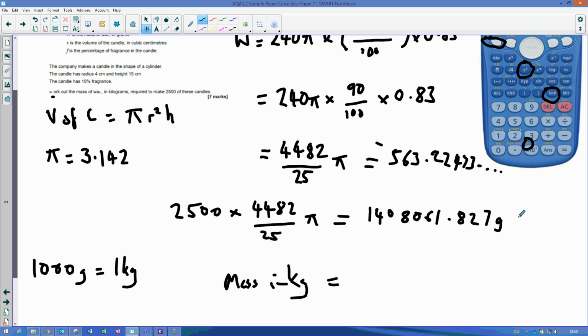I can do that by pressing divide 1,000 on my calculator, but I barely need to because it's moving the decimal point in 3 places. And I've rounded 0.61. I think this is an accurate enough answer for this question. So I'm going to leave it there.